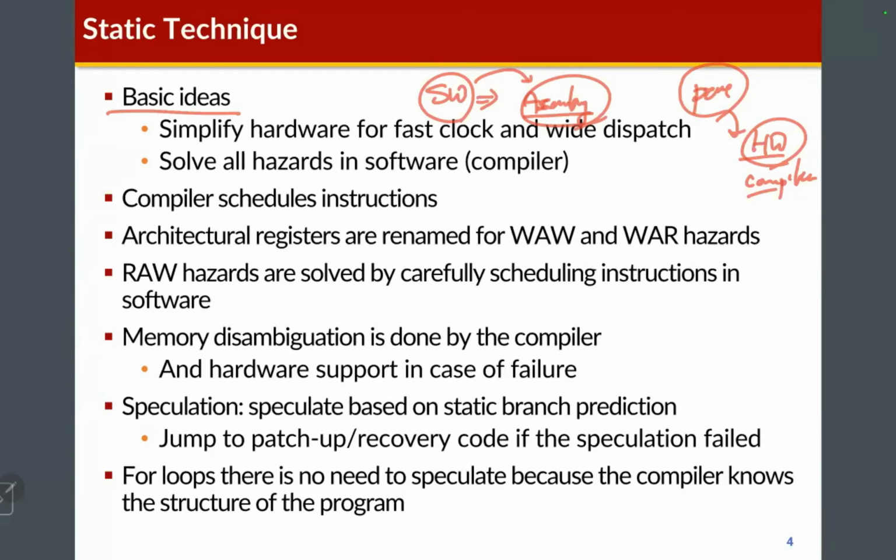The 5-stage pipeline architecture is very simple. And if we use very simple hardware, then we can run this processor at a higher frequency, right? Because the hardware is very simple. Also, this simple hardware will consume less power. That's the benefit of a simpler hardware architecture.